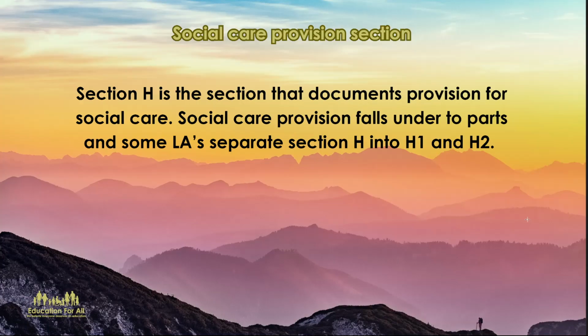If a child or young person is in a 52-week or 38-week placement, that would generally be shown in section H, as well as the education section, but it would also be understood in here because part of that budget would be funded by social care. If a child has a PA, that would usually be under here, so if they get so many hours a week where a PA takes them out into the community. So anything that's really community based would generally be what we see under social care provision.